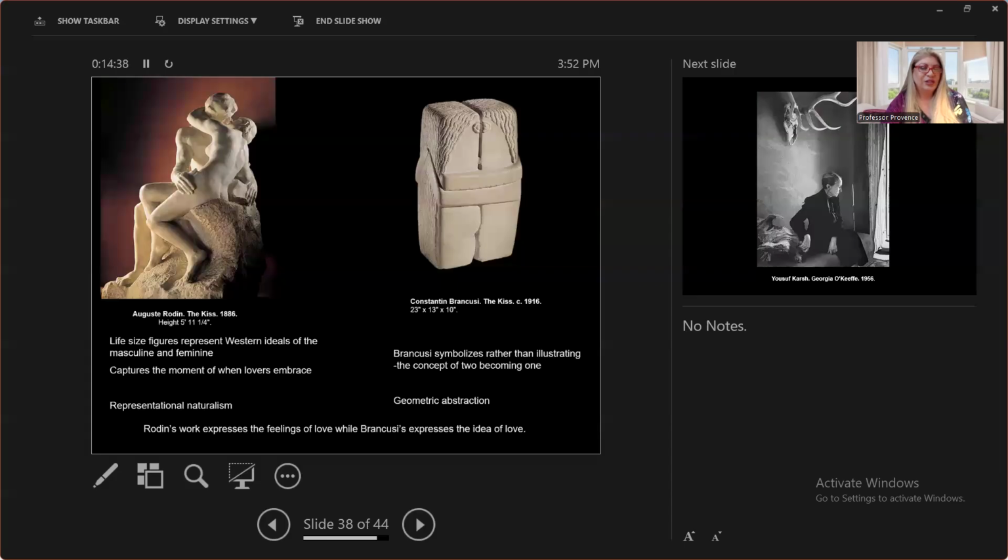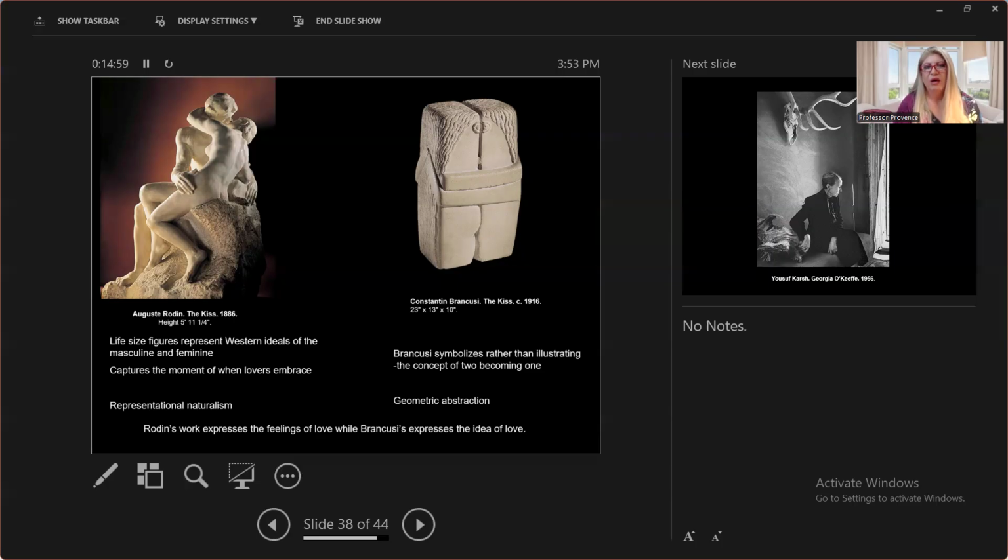If we look at these two artworks, we've got Rodin and Brancusi. Both of them are titled The Kiss. They're working in marble. They're doing what's called a subtractive process, a reductive process of removing and carving.